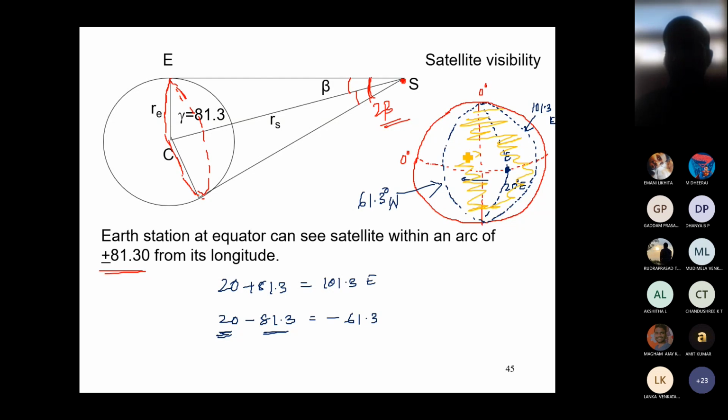This much portion on the surface of the Earth will be under the coverage, or under the visibility, of the satellite. The Earth station is located here, but the satellite can see this much area on the surface of the Earth.